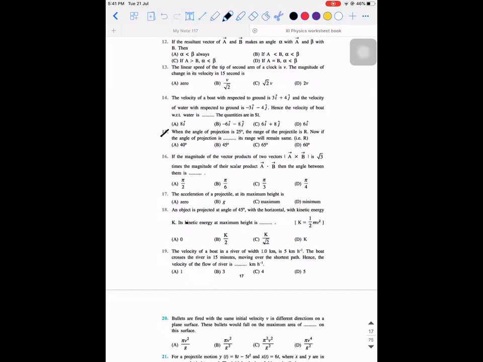So what should be the answer? 65. Yes. The answer will be 65 since angles should be complementary. That's the reason. Okay. Next. 17. The acceleration of a projectile at its maximum height is.